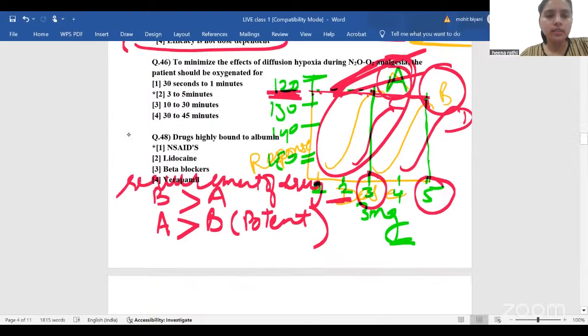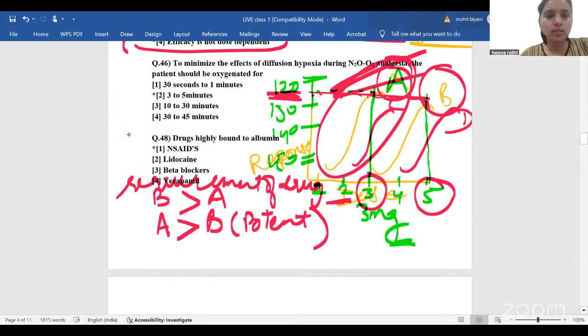The next question is: to minimize the effect of diffusion hypoxia during nitrous oxide oxygen analgesia, the patient should be oxygenated for how long? In this, we have to understand one concept. What is diffusion hypoxia?